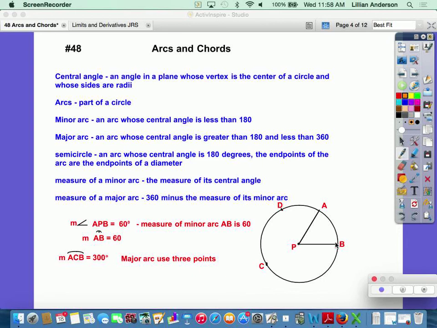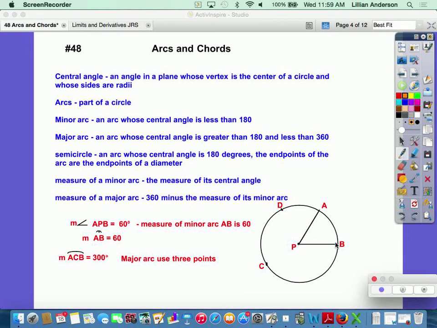It's a section of the actual circle itself. A minor arc is an arc whose central angle is less than 180 degrees, okay? A major arc would be an arc whose central angle is greater than 180, but less than 360. Everybody knows that there are 360 degrees in a circle, yes? Good.